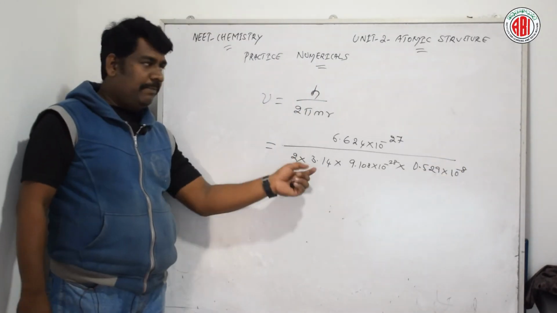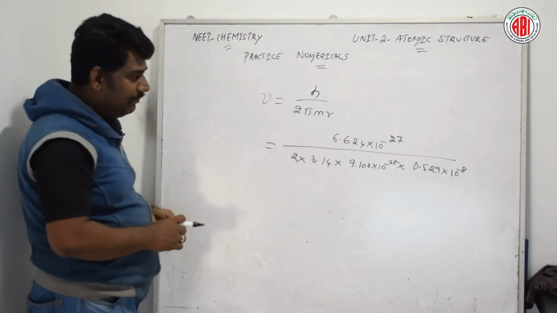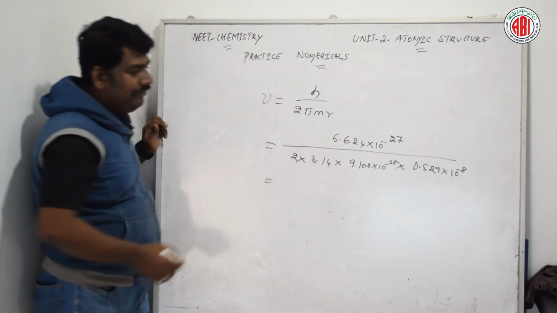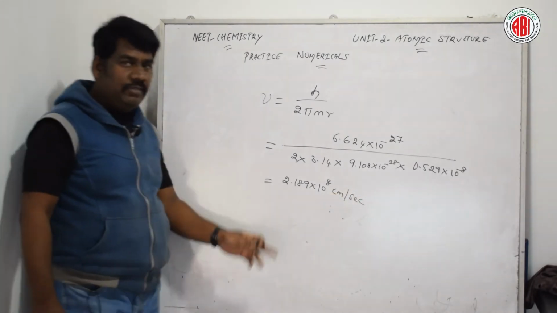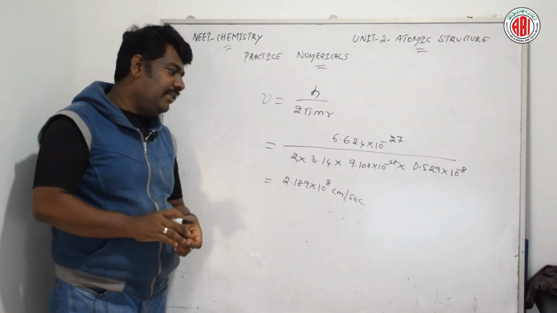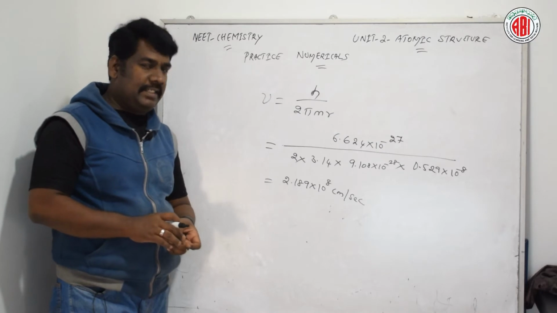Now all the values are applied according to this formula. Let us simplify this. Simplifying this, we get 2.189 into 10 to the power of 8 centimeter per second.